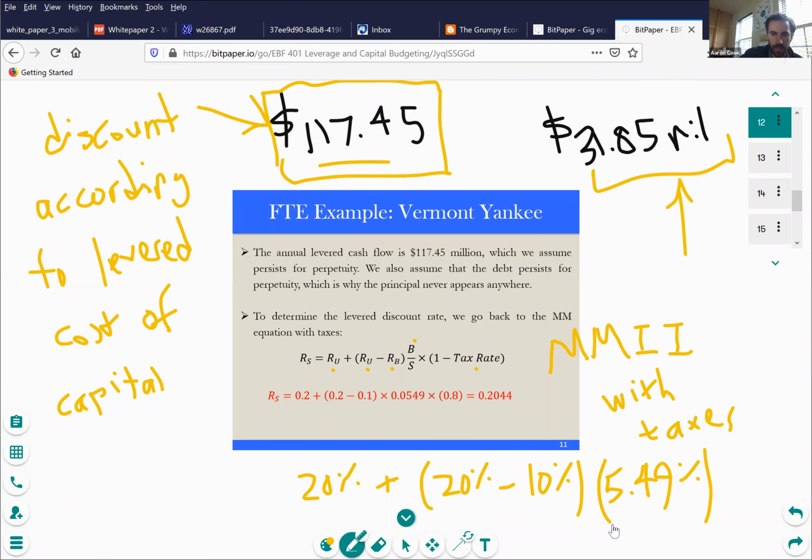That accounts for the debt to equity ratio. And then last of all, we just need the 1 minus the tax rate. The tax rate was 20%, and so this last term is just 0.8. After we plug those in, we get the levered cost of equity.